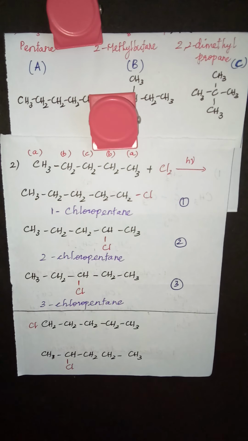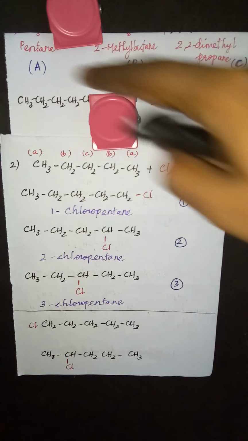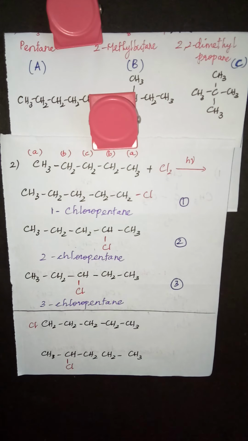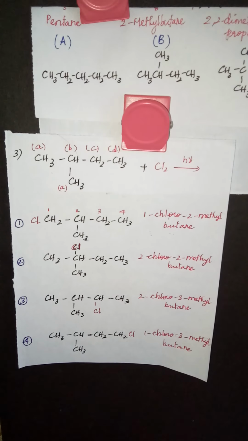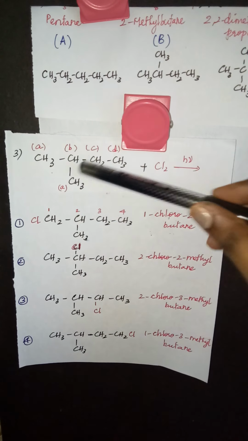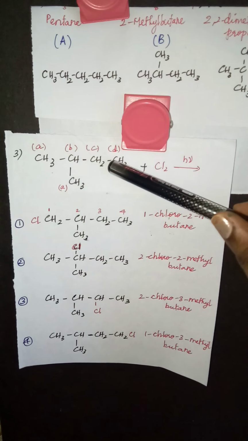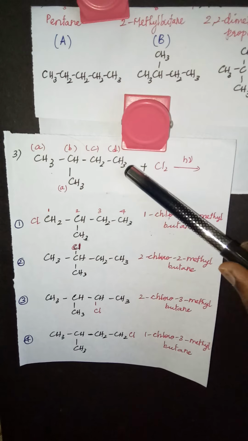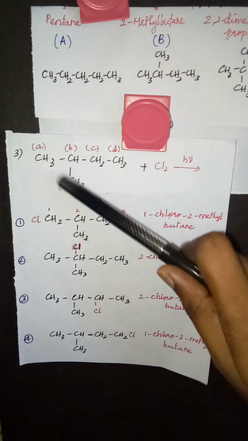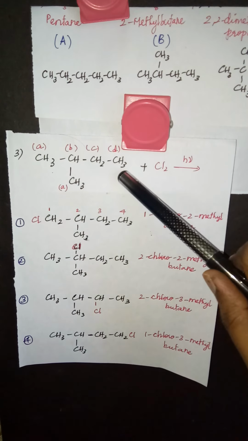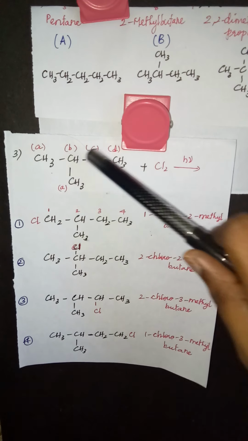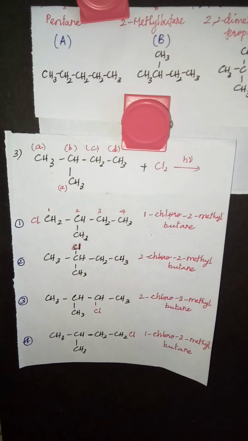And the third question is, which of the three isomers will yield 4 products? Now see this isomer. What is this? 2-methyl butane. In 2-methyl butane, I have 4 different hydrogens. See, this and this are same. So 1, 2, 3, 4 different hydrogens. So every time I replace one hydrogen, I get one product.